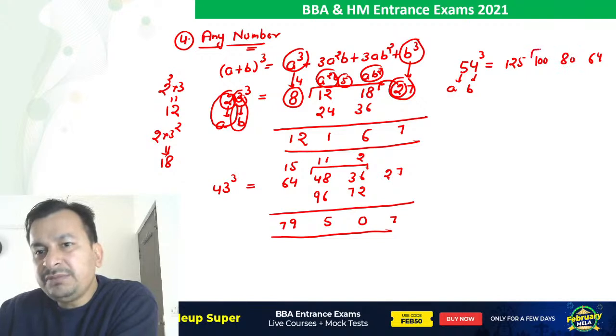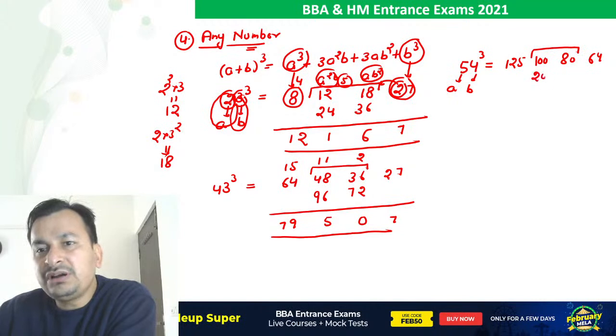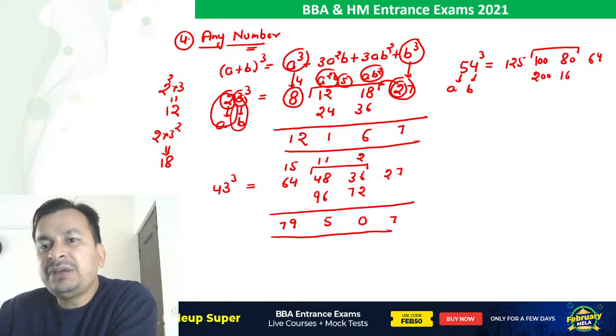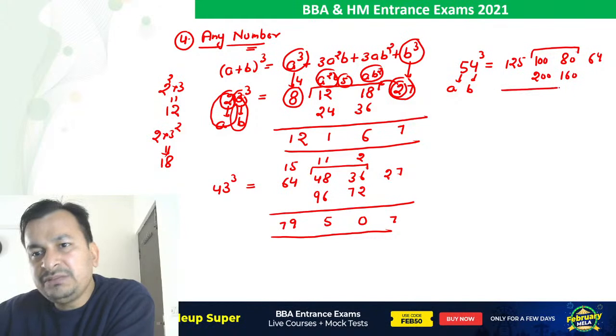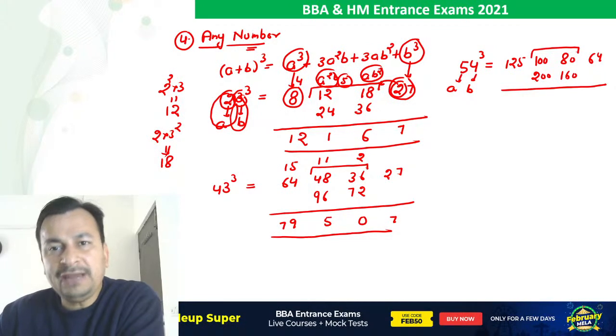Now we will simply multiply by 2 these two middle values. 100 multiplied by 2 is 200 and 80 multiplied by 2 is 160. And now we will simply add these two numbers. And as I told you, while adding, we will focus upon only unit digit.